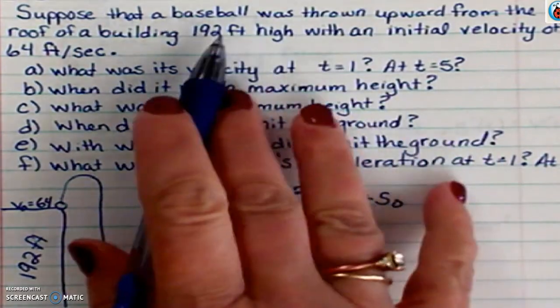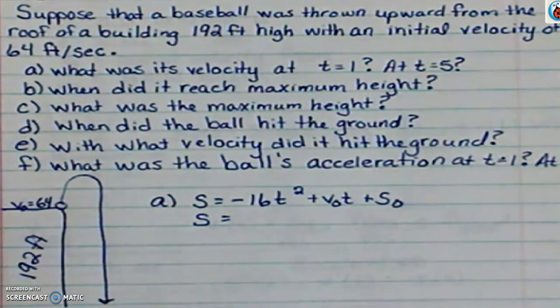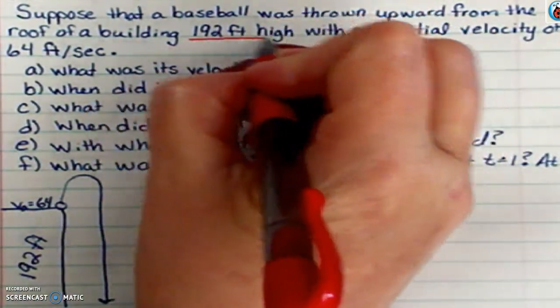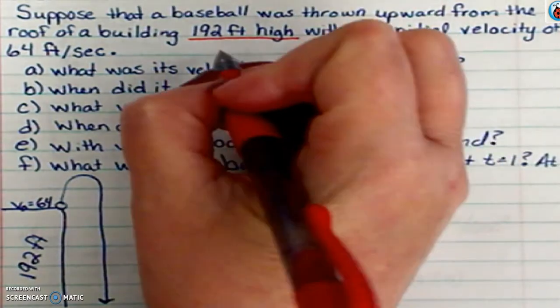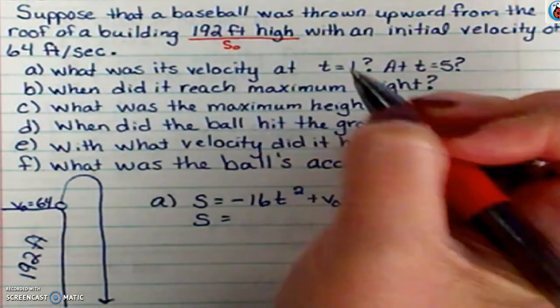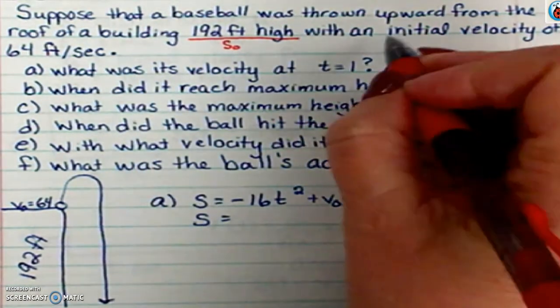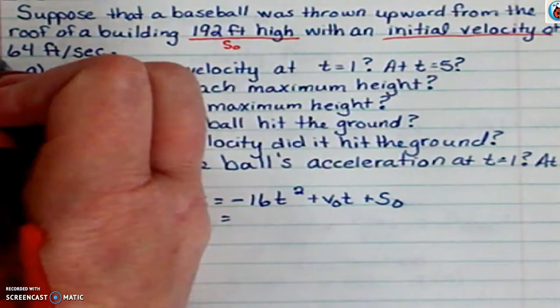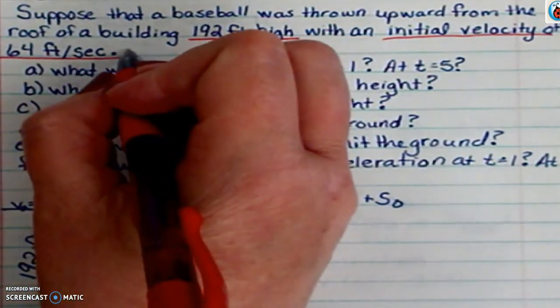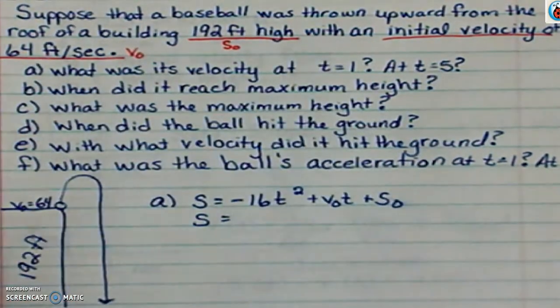So I can come up with a distance equation given this example. Based off of that, we know that 192 feet high is the same thing as S of o, the original height. And the initial velocity is 64 feet per second, that's v sub o.